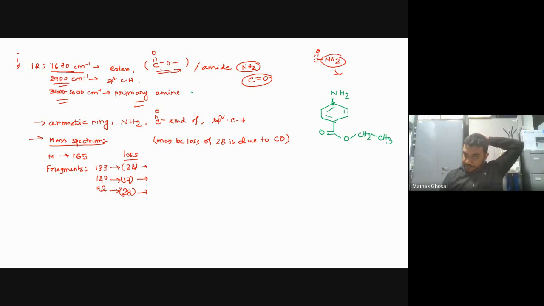It has a molecular mass of 165, that is given in the mass spectrum. If you calculate, you will get 165.